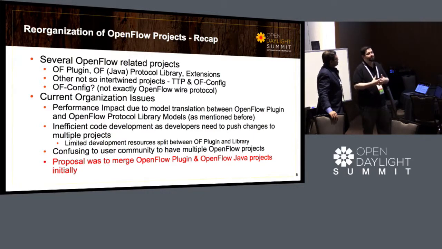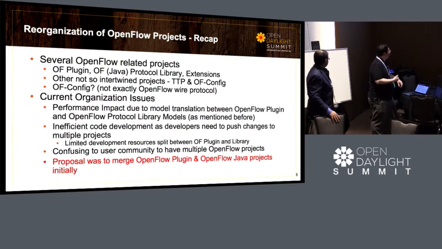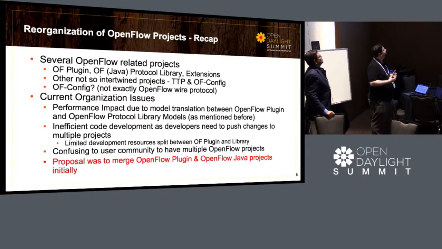It's extremely confusing for a new user to see that there is an OpenFlow plugin project, an OpenFlow Java library project, multiple OpenFlow extensions projects, as well as OpenFlow config and OpenFlow table type patterns. So it's basically confusing to the user community.